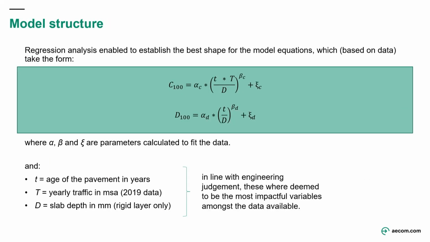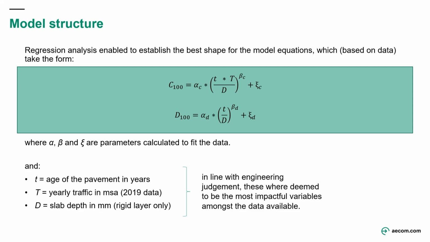So the model structure: by analyzing the amount of data that we had, we realized that a sort of parabolic shape of our curves was actually fitting our data best.